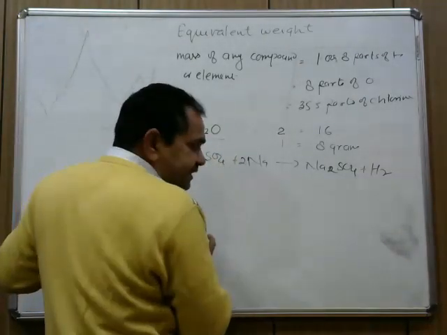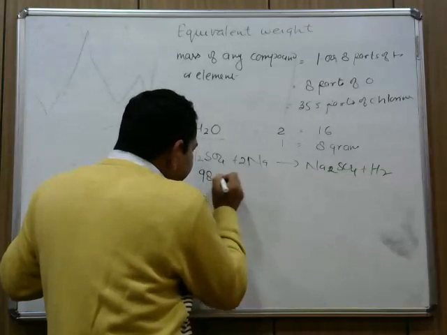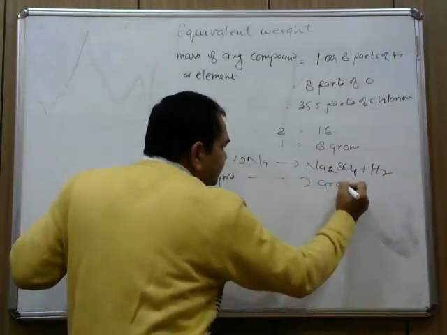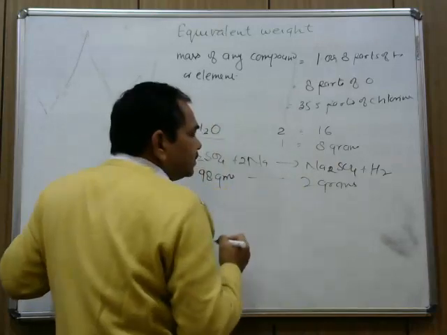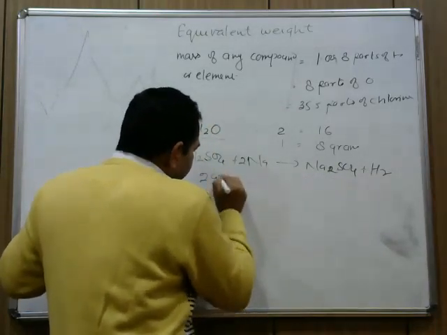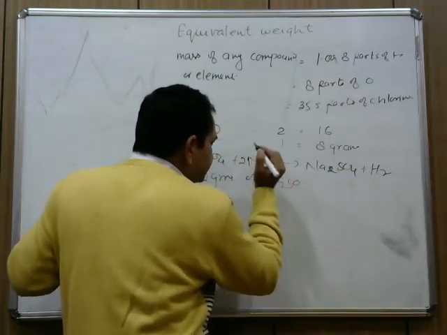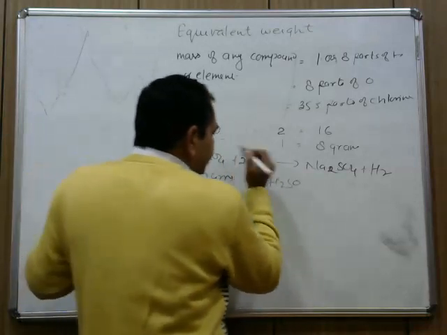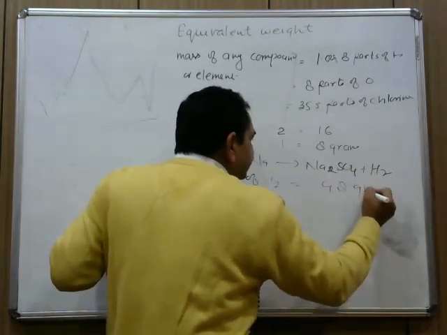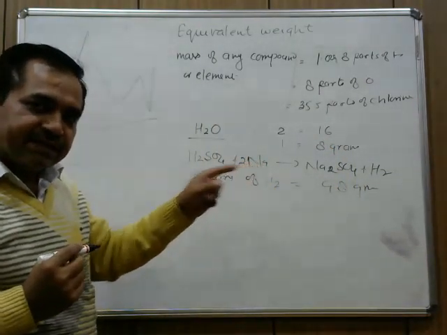So 2 grams of hydrogen is produced by 98 grams of sulfuric acid.